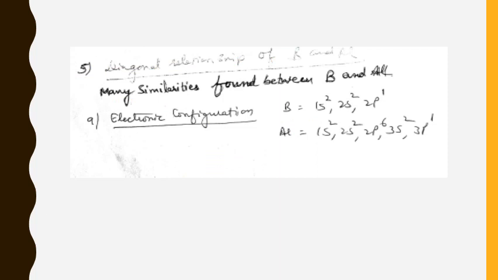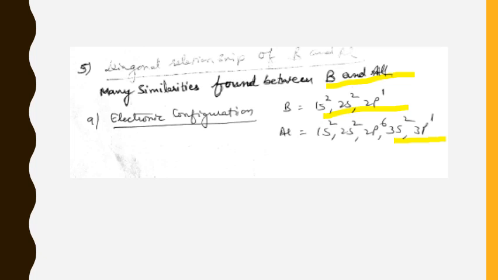Now next we can see many similarities between boron and aluminium. In the p block elements, boron and aluminium have more similar properties because of their electronic configuration. As you can see, the electronic configuration of boron is 1s2, 2s2, 2p1, and in aluminium also it is the same, 3s2, 3p1, with two electrons in the s subshell and one last electron in the p subshell.